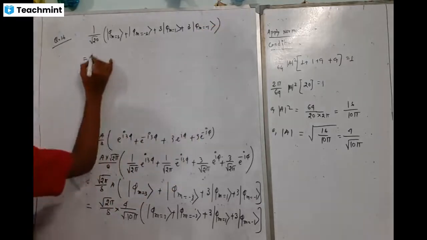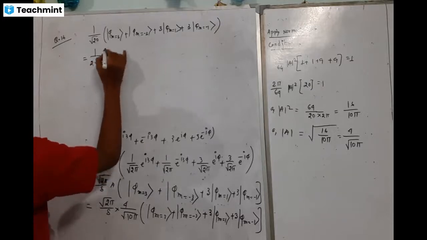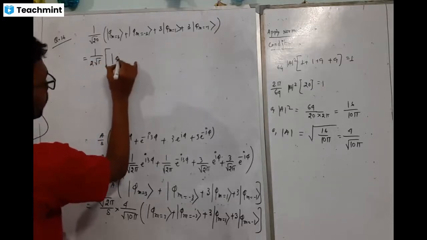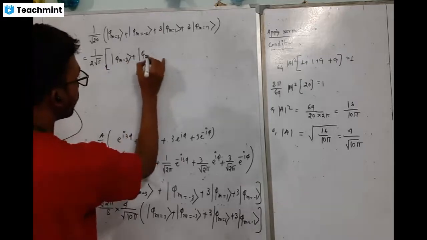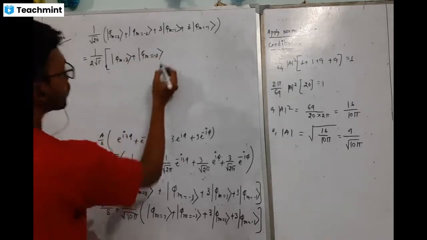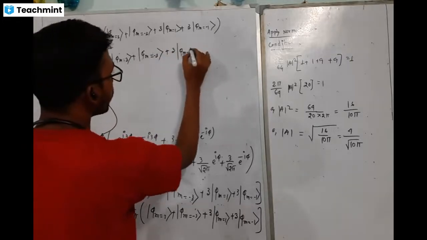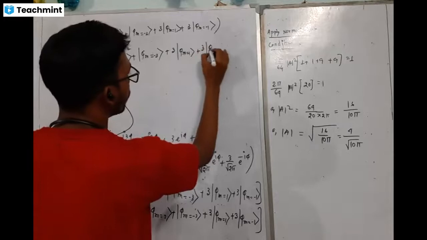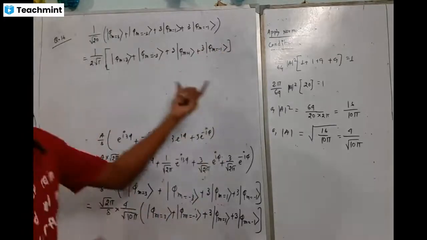So it is nothing but 1/(2√5) times the sum: φ m = 3 ket plus φ m = -3 ket plus 3φ m = 1 ket plus 3φ m = -1 ket. This is the corresponding state.